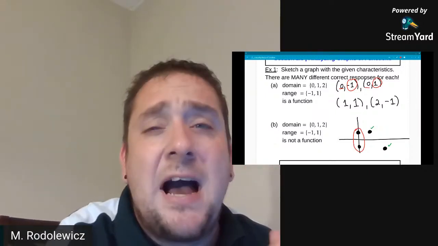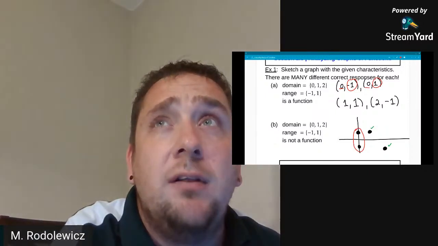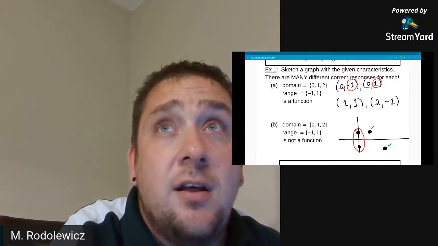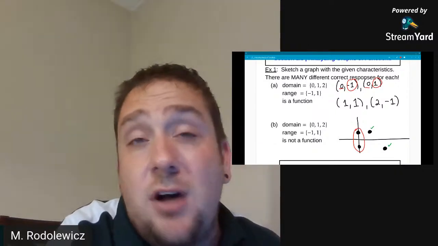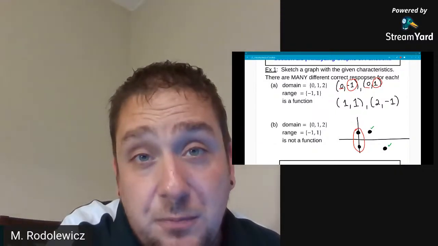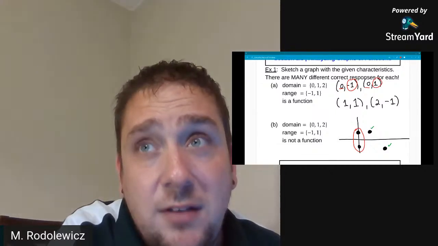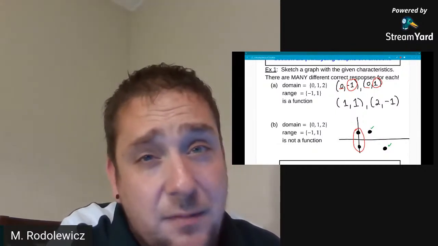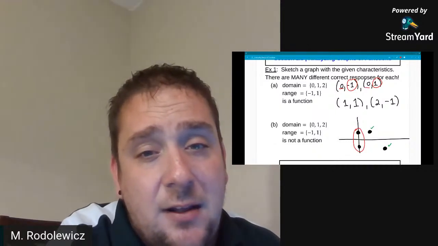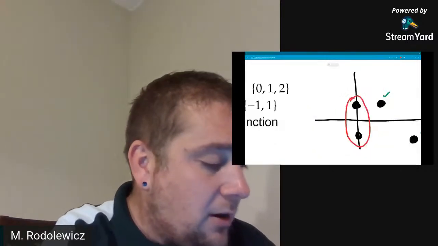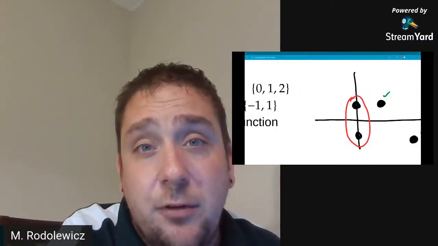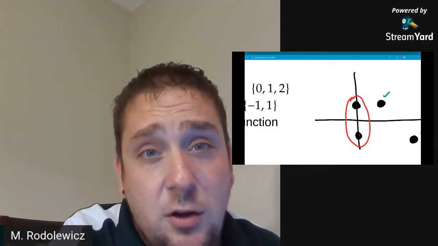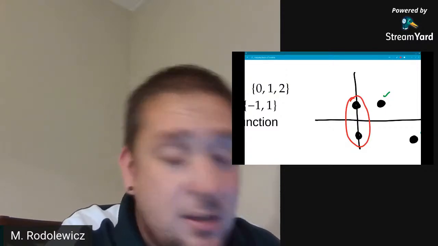But my main point is, how can we tell really quick whether or not a graph is a function? How can we tell whether, if we have a graph, whether we're looking at something that's a function or not? And this might be a reminder to something you've learned in a previous math course called the vertical line test.